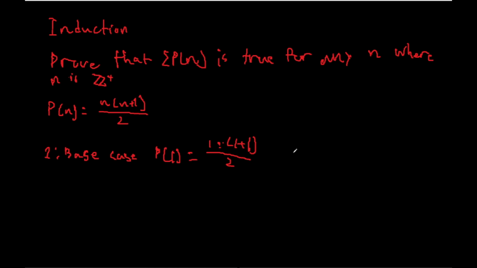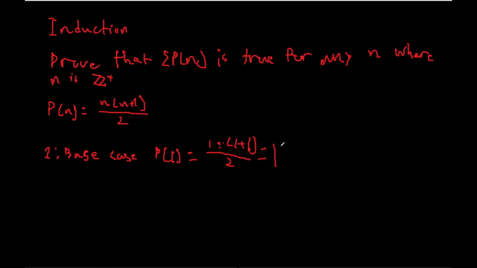And you just do this out. You get 1 plus 1 equals 2, times 1 equals 2. And so then 2 divided by 2 equals 1. So we've proven that it works for the base case.